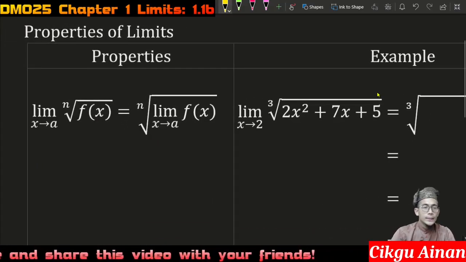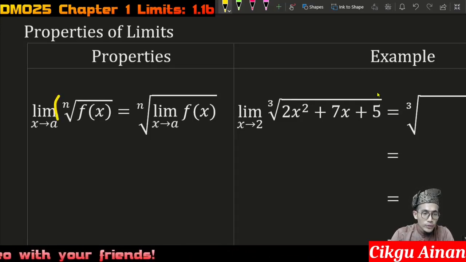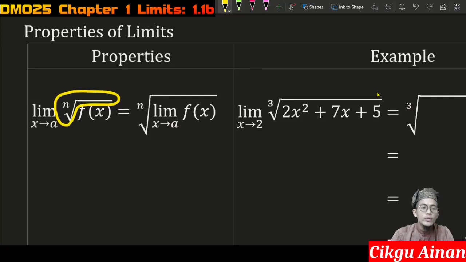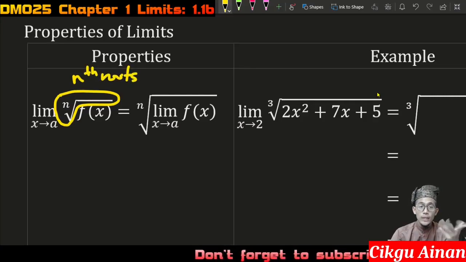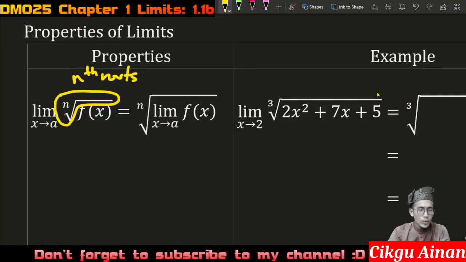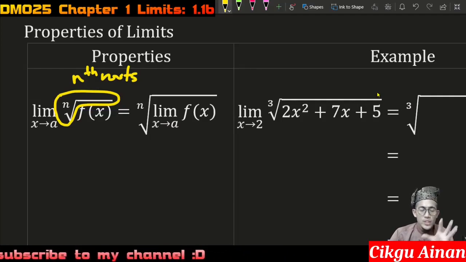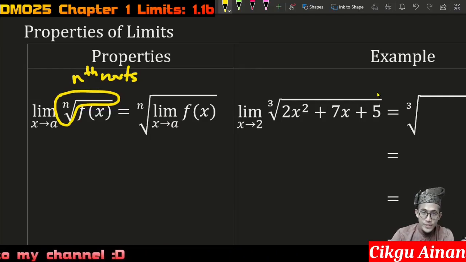The properties of limit whereby we have a root. Over here is the nth root, any root. It means the nth root, maybe the square root, cube root, the fourth root, fifth root, and so on. These properties work more or less like the previous constant one.